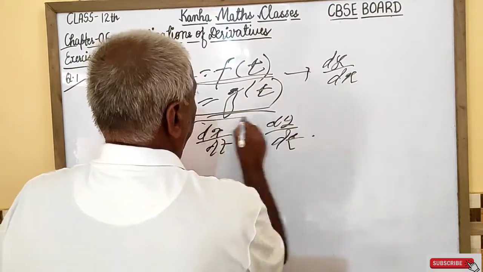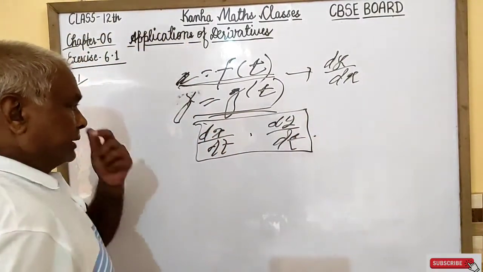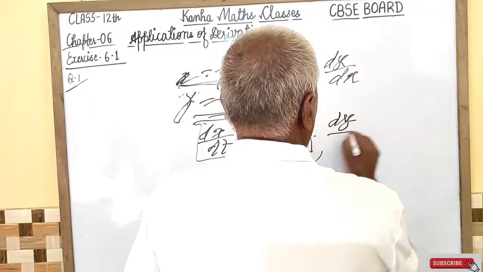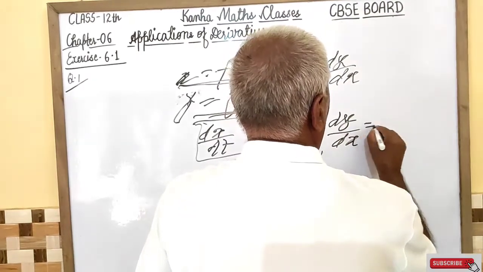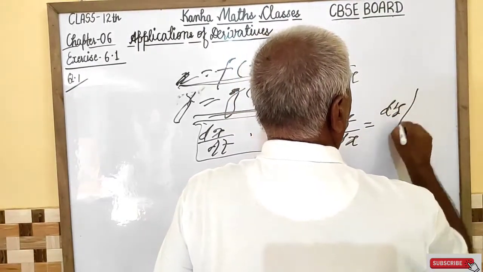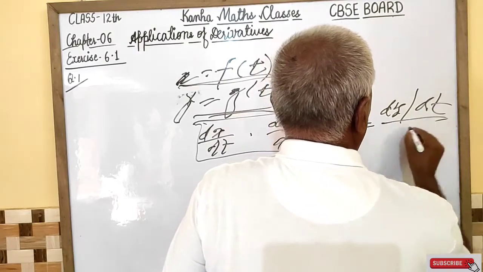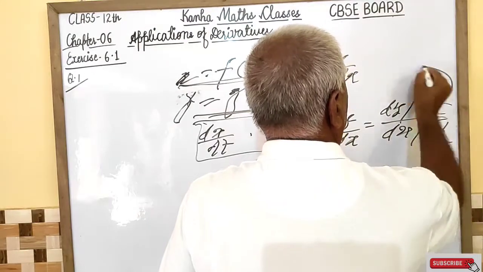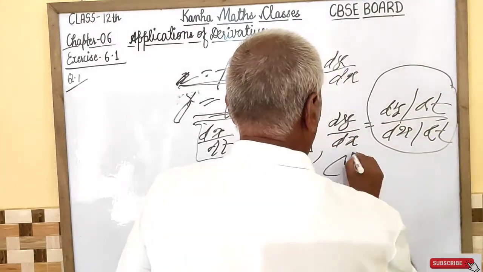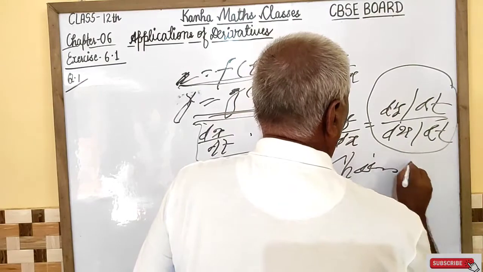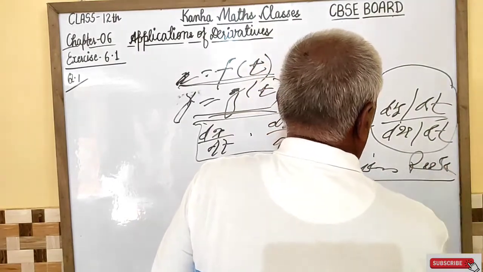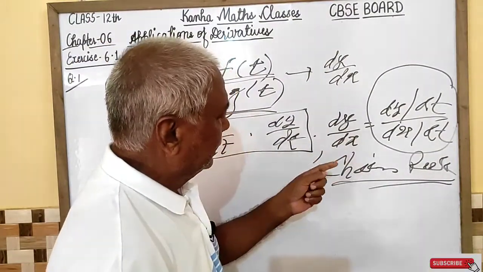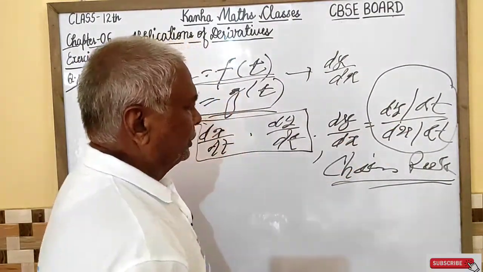So here we utilize the chain rule, that is, dy by dx is equal to dy by dt upon dx by dt. This is called the chain rule. Generally we will use dy by dx equal to dy by dt upon dx by dt.